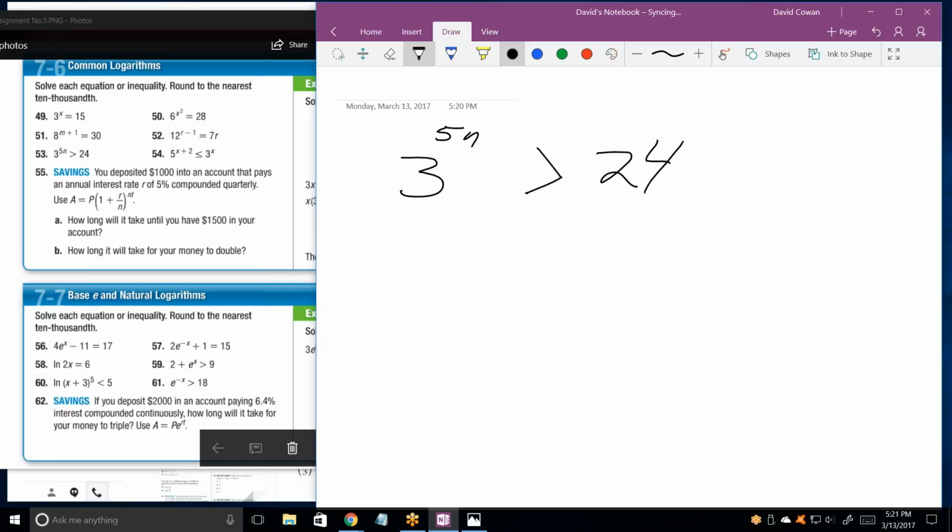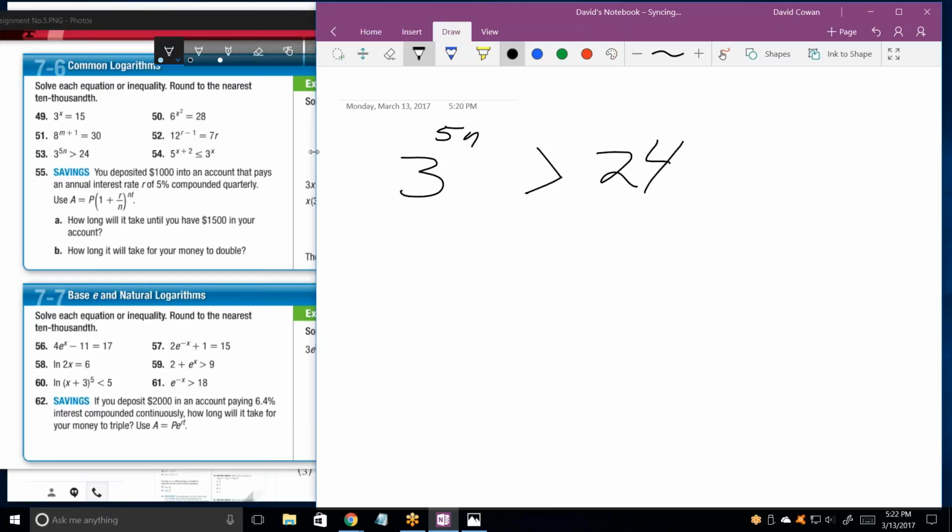You might be looking for common exponential factors, but there doesn't happen to be any common exponential factors between the numbers 3 and 24. However, I don't see anything that prevents me from taking the natural log of both sides.